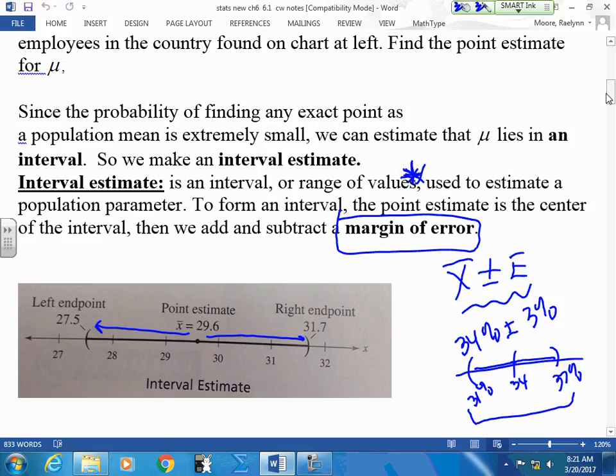I would say now I can be a certain amount confident that the people that would vote for Clinton would be between 31 and 37%. Isn't that a better statement for me to make than 34% of the population will vote for Clinton? I'd have to be exact on that. But now if I say between 31 and 37, that would give me a good range.